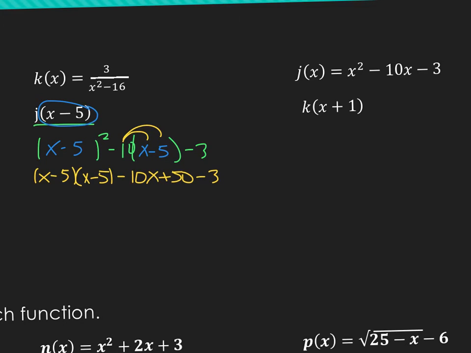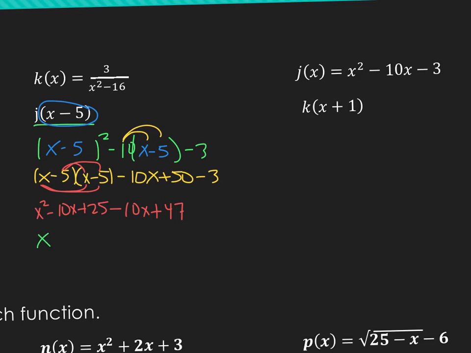When you distribute x minus 5 times x minus 5, make sure you multiply the first, then the outers, then the inners, and then the last, and then you combine like terms. It should give you x squared minus 10x plus 25, and then we can combine the rest of the terms. We know 50 minus 3 is 47, and then all that's left for us to do is to finish combining the like terms.